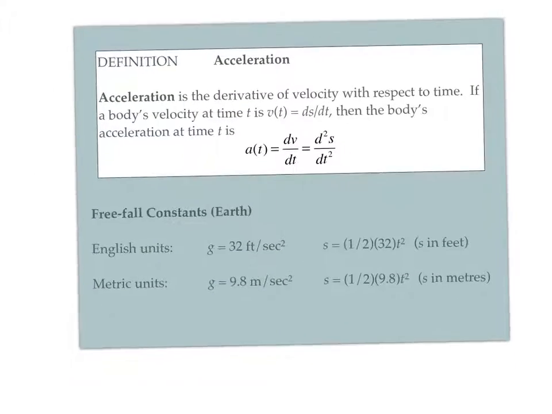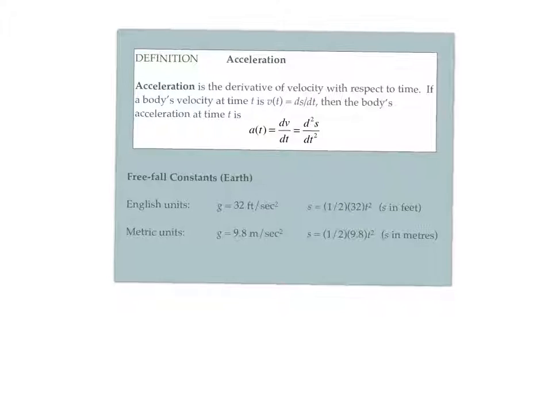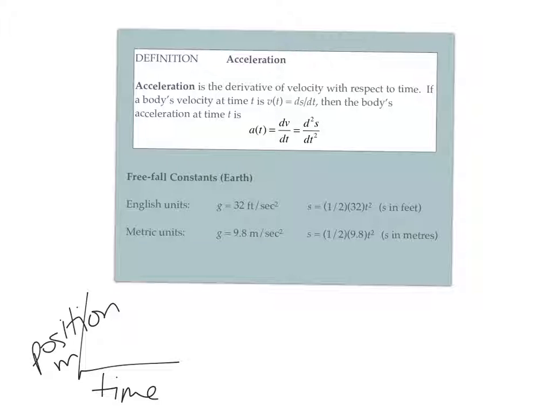Just thinking about it logically, let's talk about the way slope works. If we have a position-time graph, with position in meters and time in seconds, then the slope of that is meters per second, which is its derivative, which is velocity.